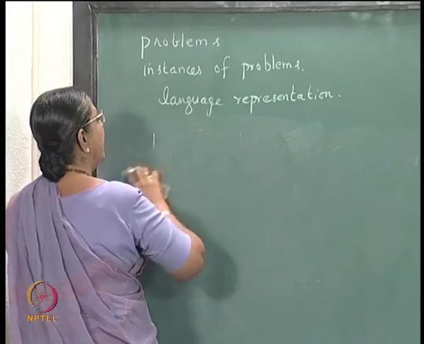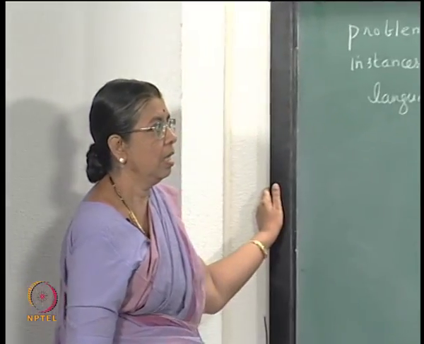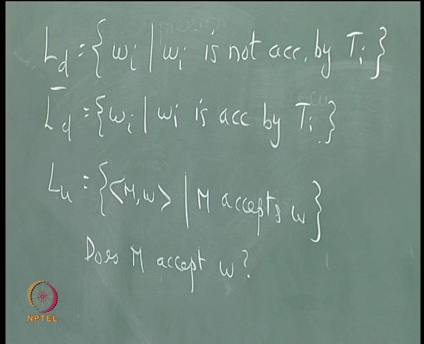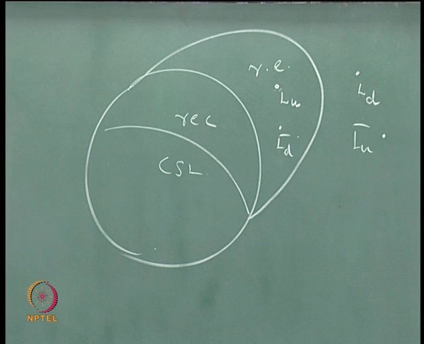Now, we have seen that LU is recursively enumerable, but it is not recursive, because if LU is recursive, then we can have a Turing machine for LD bar.